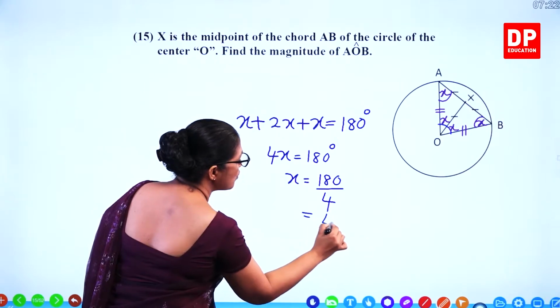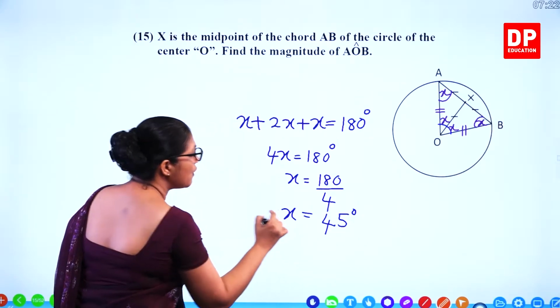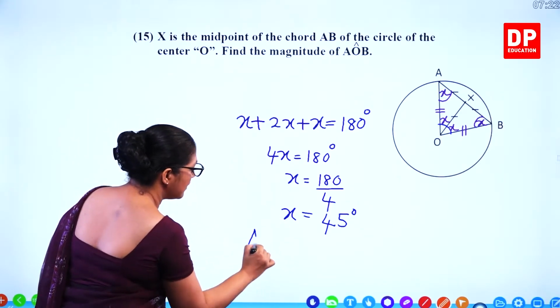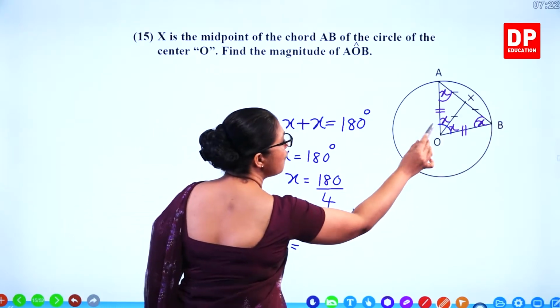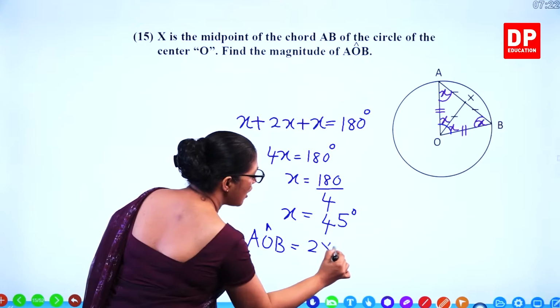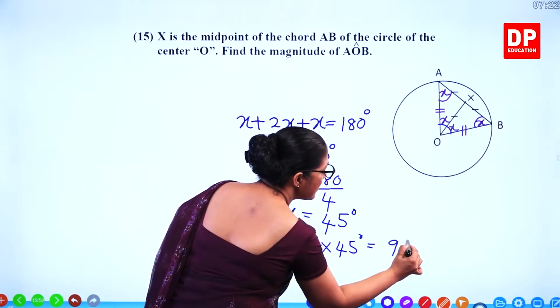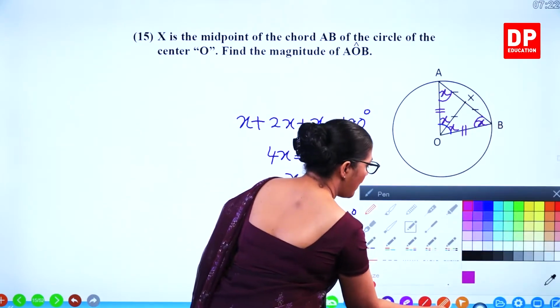So you get 4 times 4, 16, and here 5. So 45 degrees. But you need AOB angle. AOB angle is 45 and 45, 2x. 2 times 45, you get 90 degrees. So you get 2 marks for that.